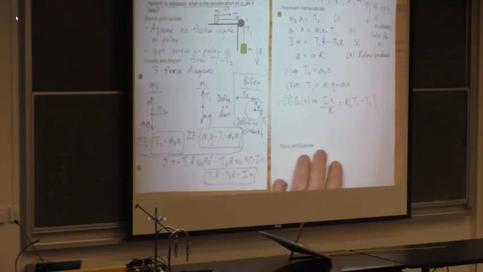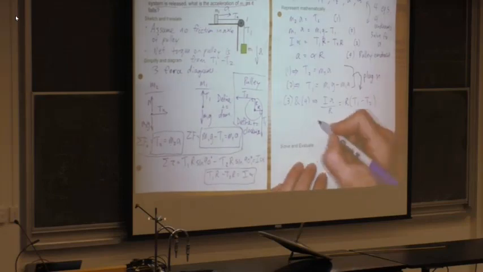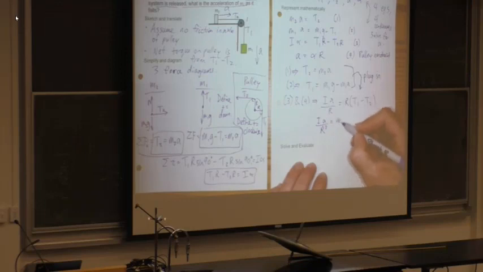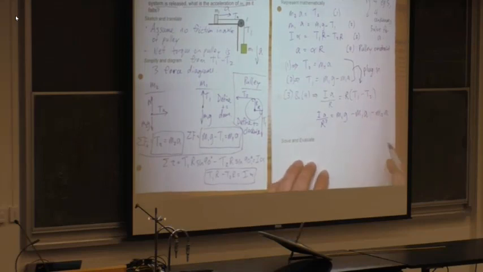And we have T1 and T2 up here, so we're going to plug these in. It's going to get a little messy, but we're okay. I times A divided by R squared, because I'm pulling down this R now, is equal to M1 times G minus M1 times A minus M2 times A.